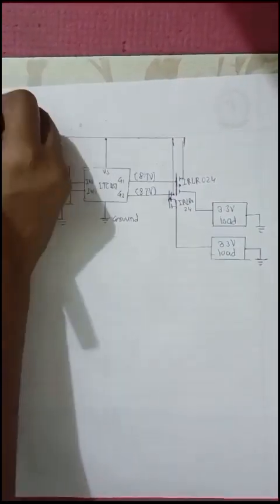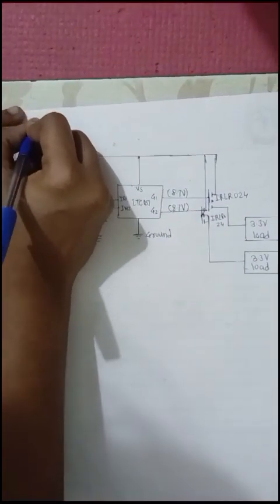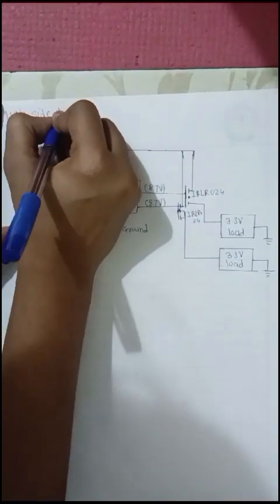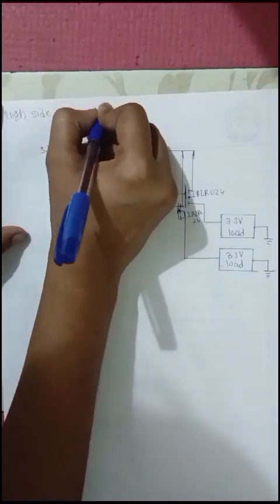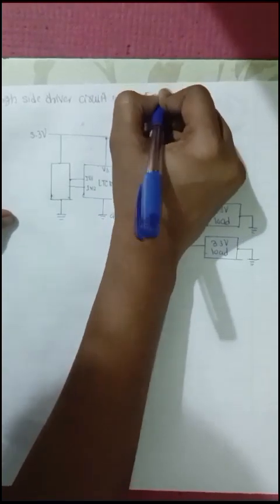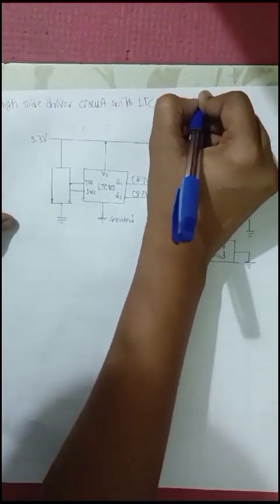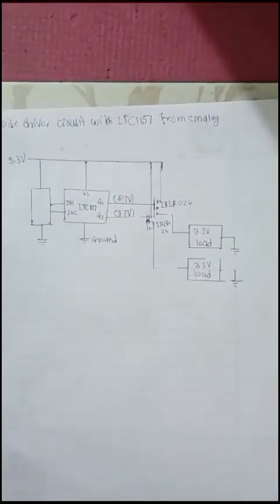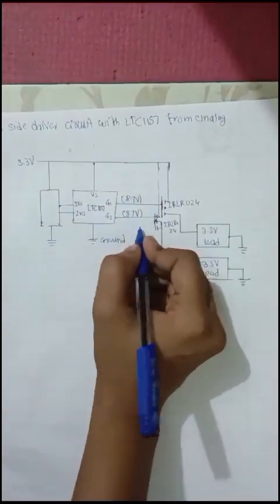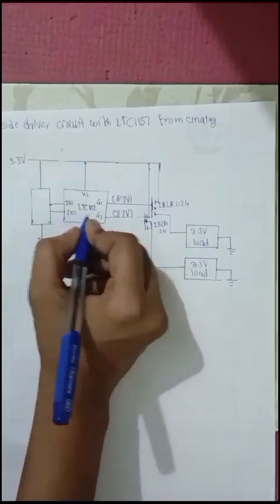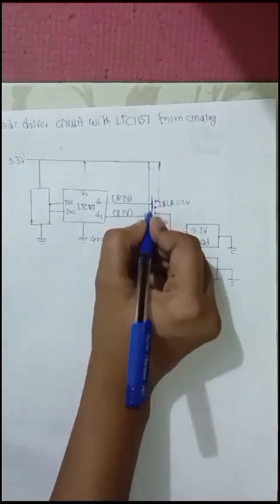Here we will draw the diagram of a high side driver circuit with the LTC1157 from Analog. In this diagram, we have a MOSFET with our gate driver, so the gate driver drives the MOSFET.